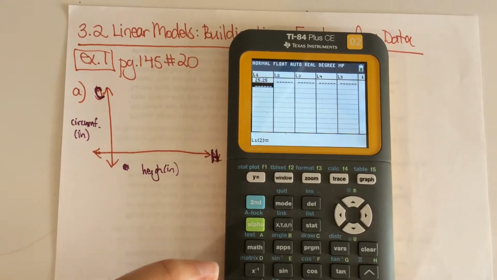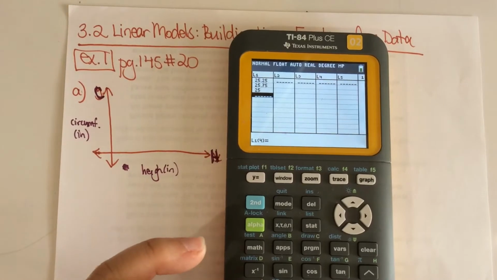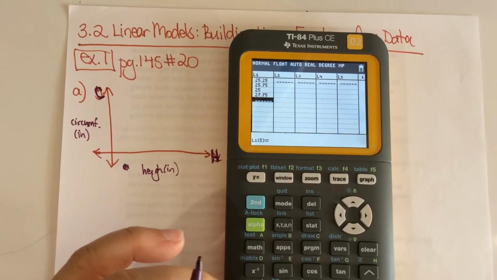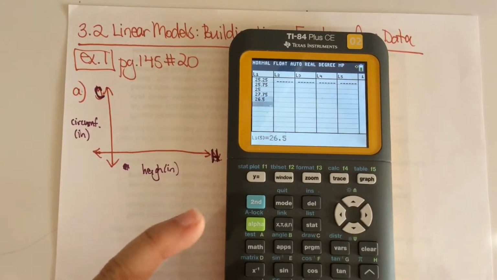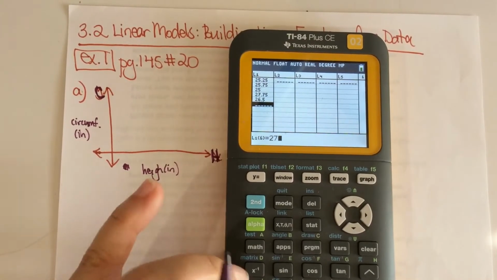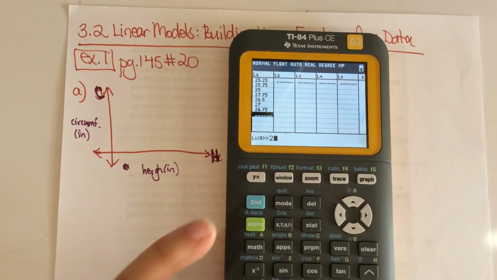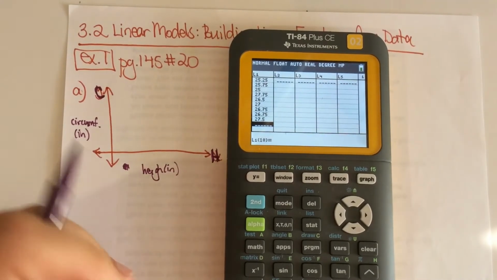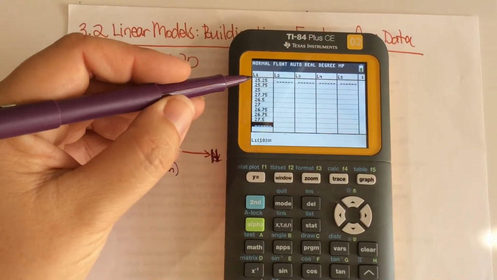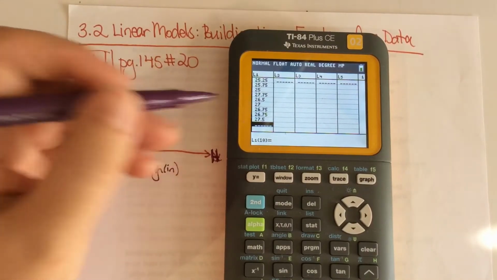Hopefully you have a graphing calculator and can do this along with me. If you don't practice during the notes, then it's going to be harder for you to do it in the homework. And if you don't practice in the homework, then you're probably going to be really stuck on a quiz or a test. Somebody let me know if I typed anything in wrong. I'm going to have to double check really fast. Okay, I got all the heights in.